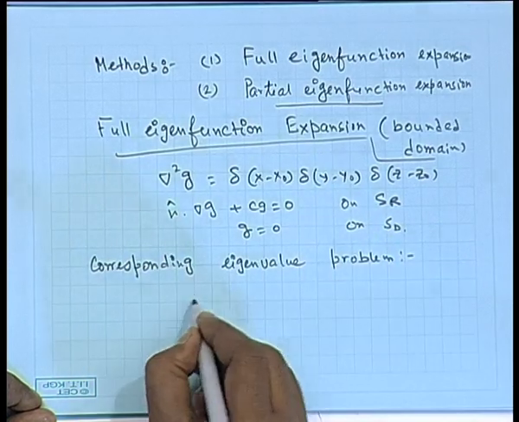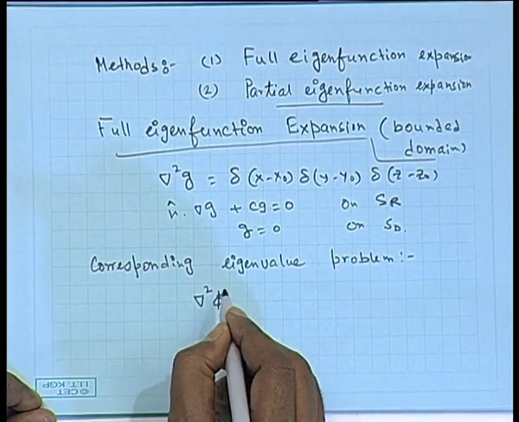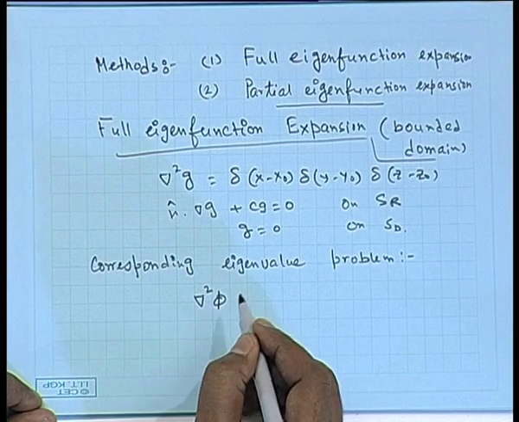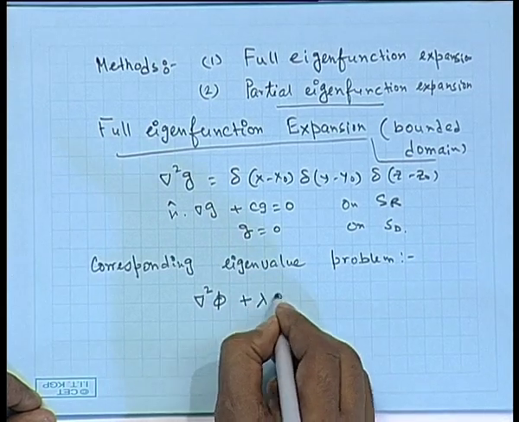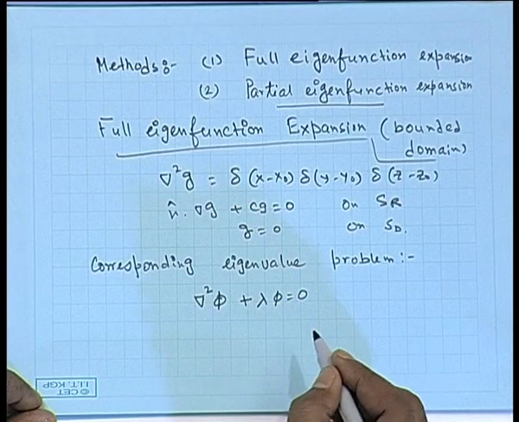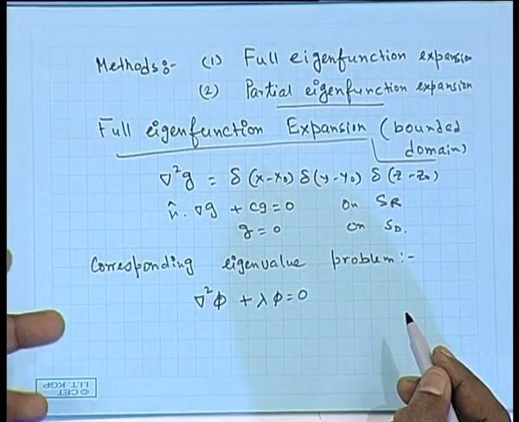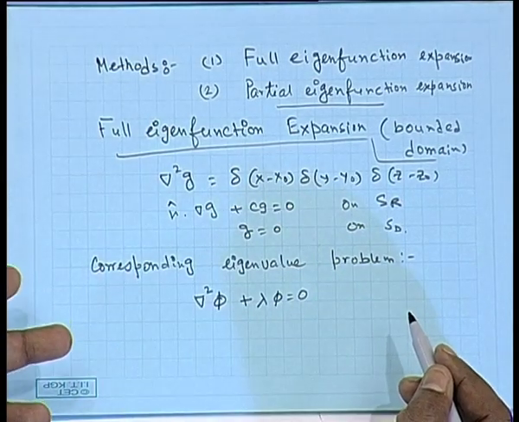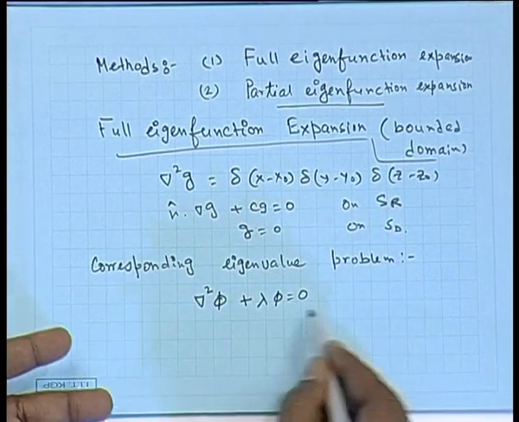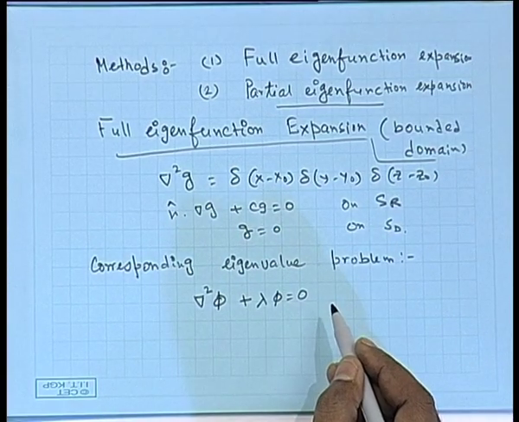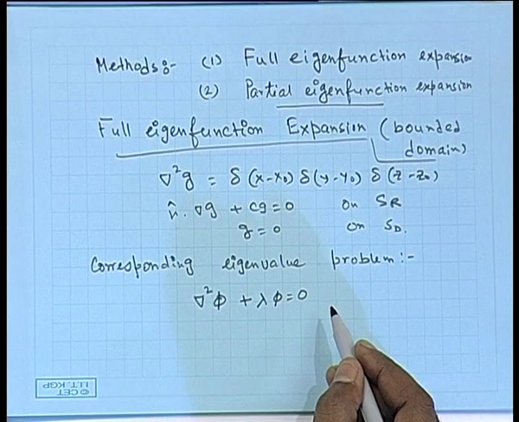can be written as del square phi, where phi is the eigenfunction, del square phi plus lambda phi is equal to 0. If you remember, this is the form of the standard eigenvalue problem. We have solved this type of problem whenever we have used separation of variables.